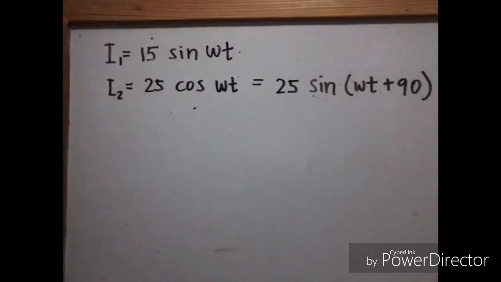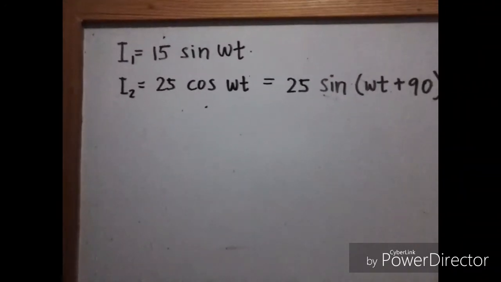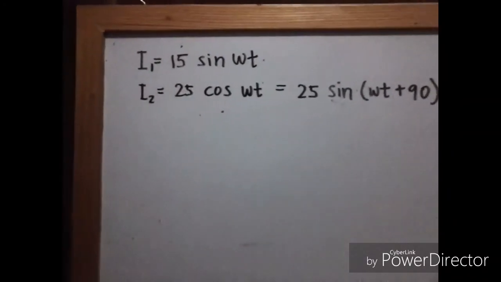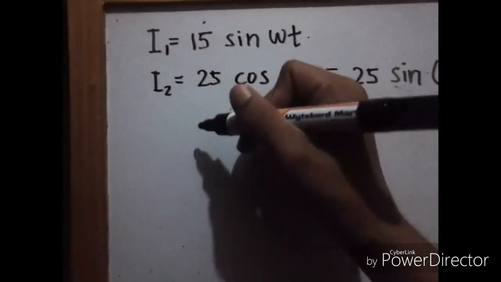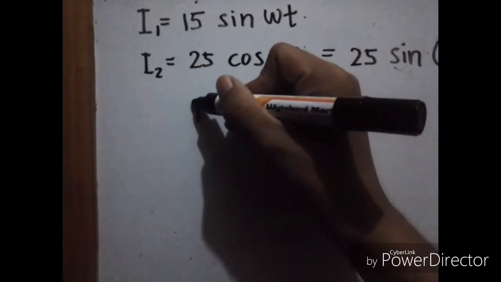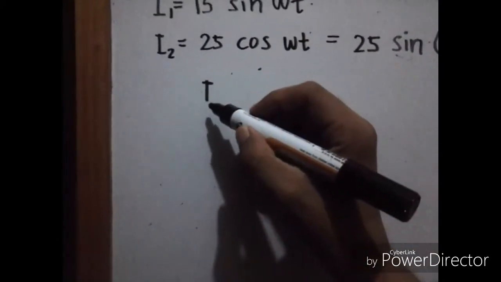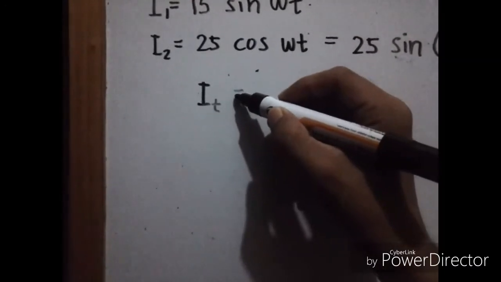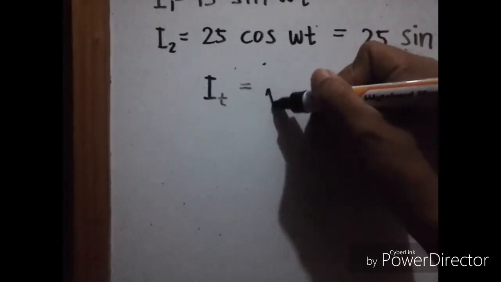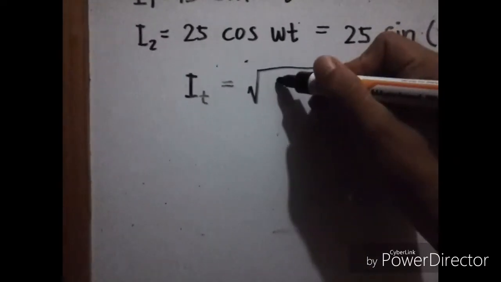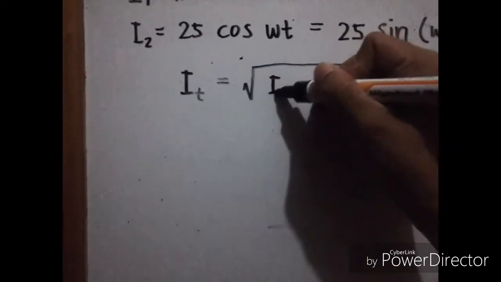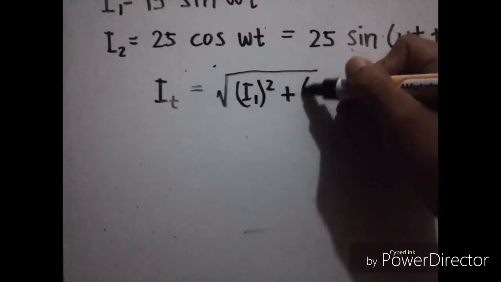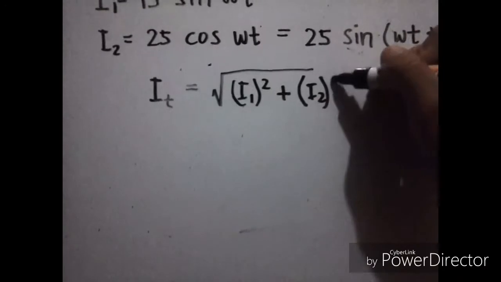By inspection, the currents are out of phase by 90 degrees. So our formula will be that of the Pythagorean Theorem: IT is equal to the square root of I1 squared plus I2 squared.